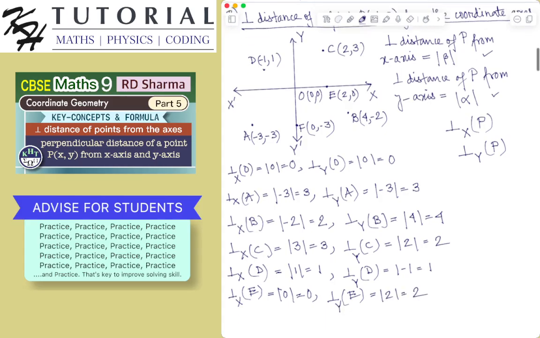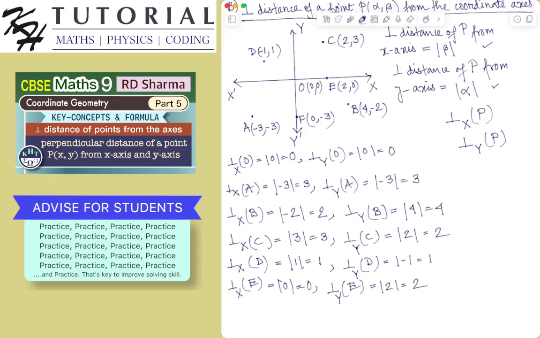Okay. There is one more point left, the point F. The perpendicular distance of the point F from the x-axis will be equal to the absolute value of the ordinate of F. And since F is lying on the y-axis, the absolute value of its ordinate is mod of minus 3, which is equal to 3.